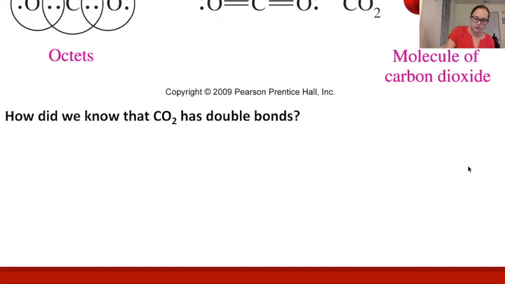So the first step of what we're going to do for this, number 1, is to calculate the number of valence electrons in CO2, or in the molecule that you're talking about.